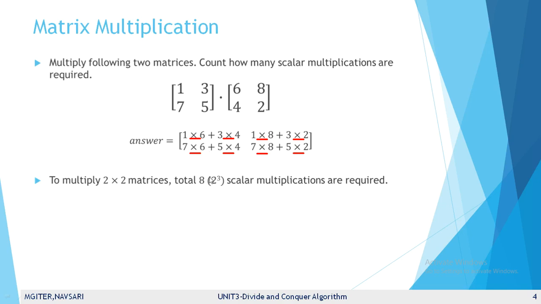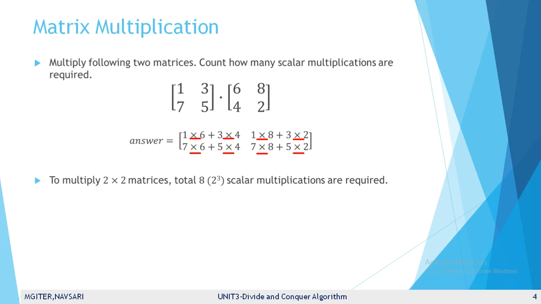We apply this equation recursively to find the solution of the smaller problems, and then we combine them. So this procedure takes n cube time complexity, the same as simple matrix multiplication. Divide and conquer also takes n cube time complexity.